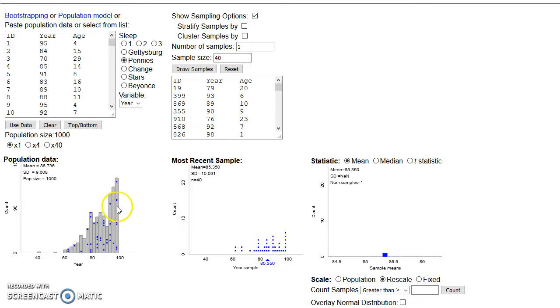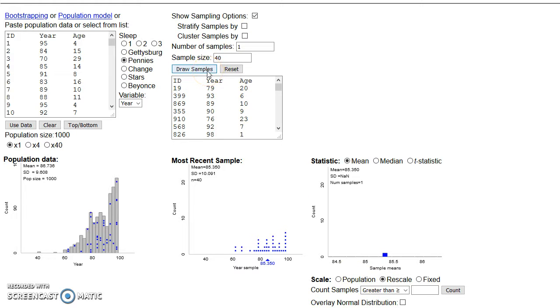It also locates them within the population data right here. This one little bar corresponds to the sample mean of our sample, 85.35. That looks about right.